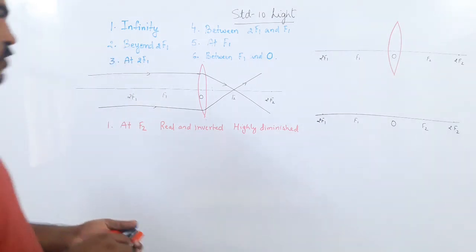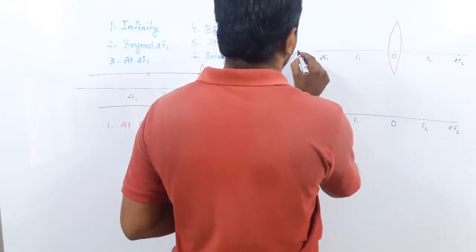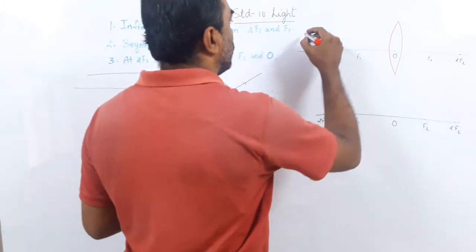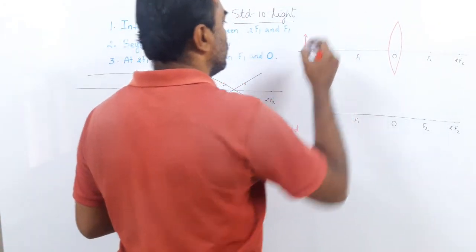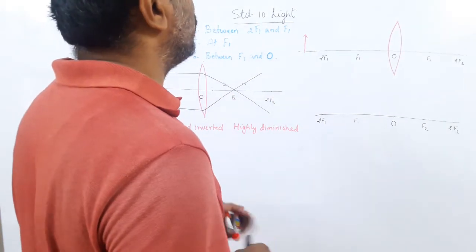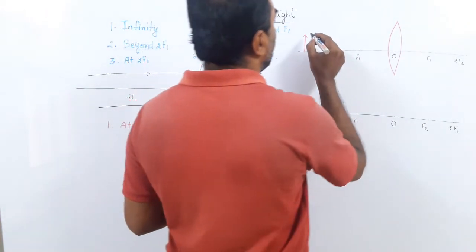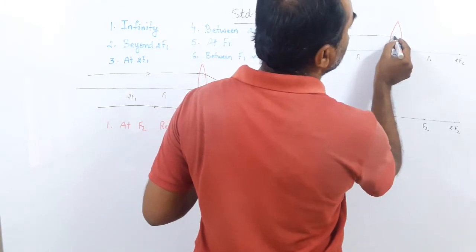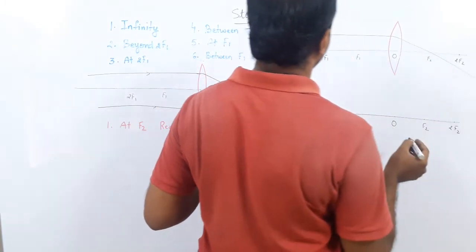Case 2, beyond 2f1. Now let us move to case 2, beyond 2f1. So let me put my object beyond 2f1. Now follow the rules, whichever rules you want to follow. We take the first rule, ray parallel to the principal axis. After refraction, passes through the focus.